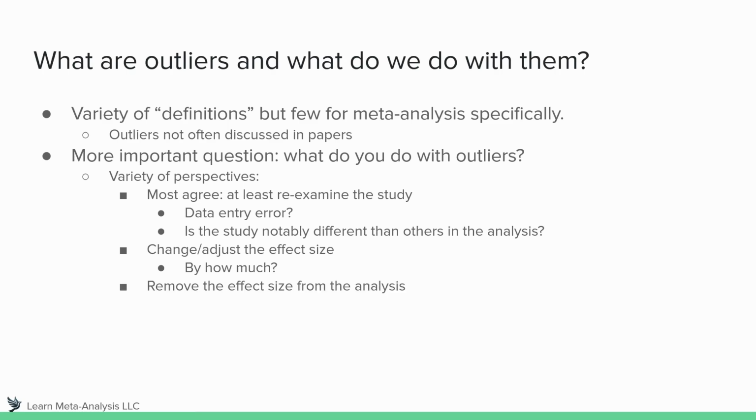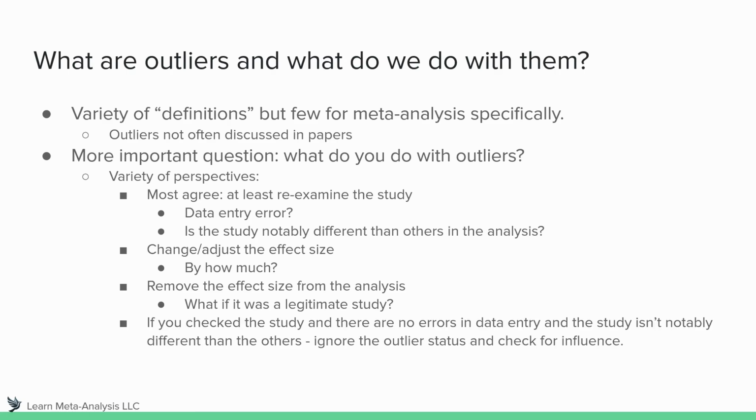Another approach is to actually remove the effect size from the analysis. I've seen this done too, but what if it's a legitimate study? What if this was actually a well-done study? There's no data entry errors anywhere that we can see, and they actually legitimately found this. You're just going to remove it because it becomes an outlier by whatever definition you have? That's always been a little bit problematic in my brain.